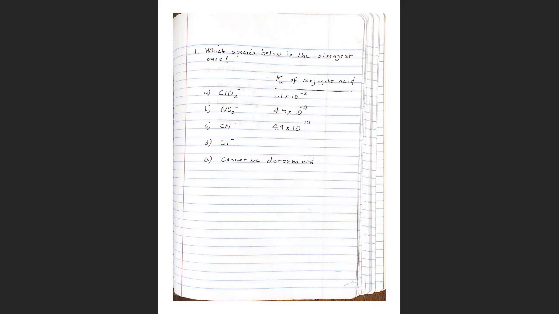It's so incredibly weak that it effectively has no real basicity, no real power to abstract the hydrogen. You're absolutely right, it's that simple rule: the stronger the acid, the weaker the conjugate base. The stronger the base, the weaker the conjugate acid.